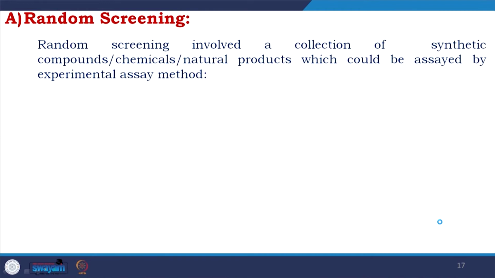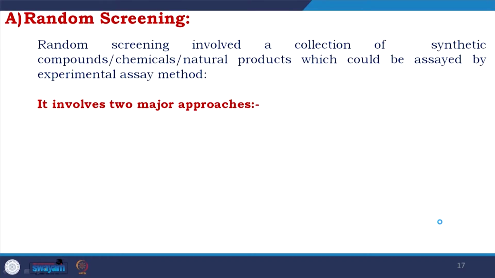Random screening. Random screening involved a collection of synthetic compounds, chemicals, natural products which could be assayed by experimental assay method. So, suppose you want to develop a drug against diarrhea and you have an assay system where by adding the drug you could differentiate between a small molecule which is affecting in a good manner or which is not affecting.